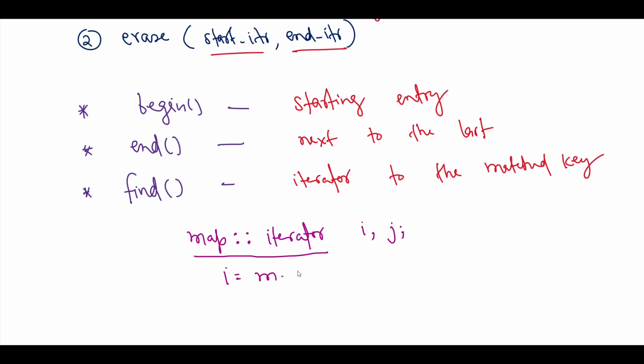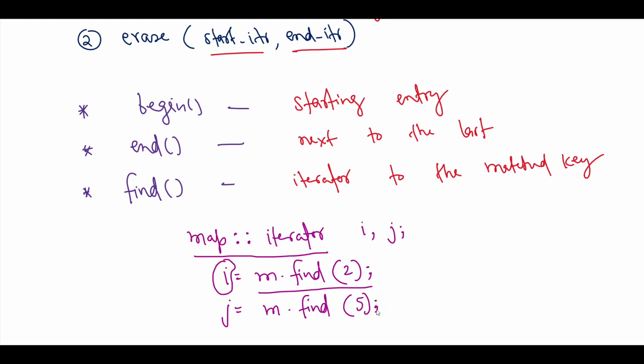And if you want to find key 1 or maybe 2 in the map m, you have to use this function, and this is going to return an iterator which can be stored in i, right? So this will point to the entry having key 2, and if you want to do something like this, this is going to point to the entry having key 5.